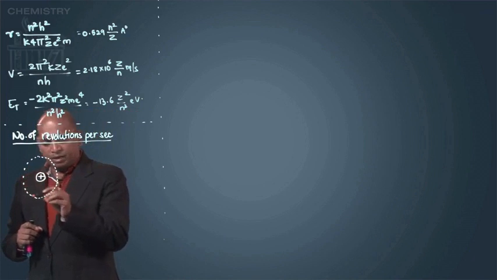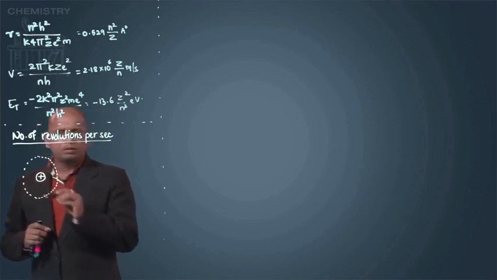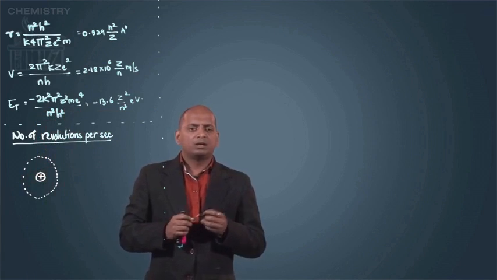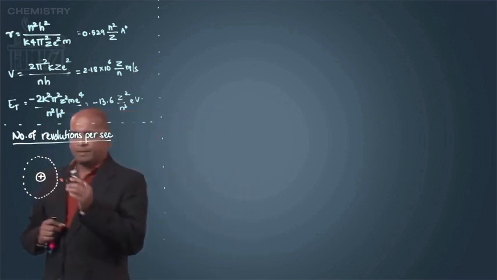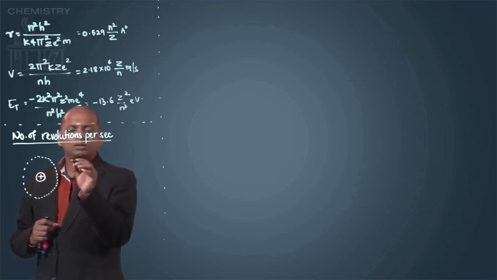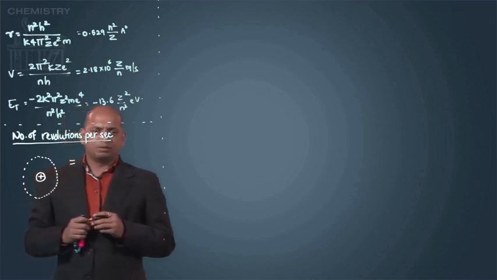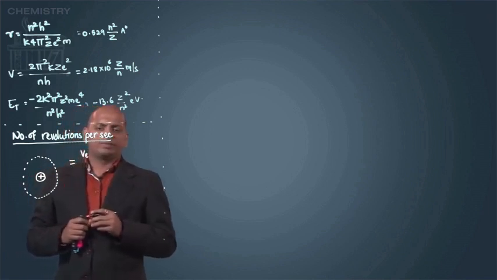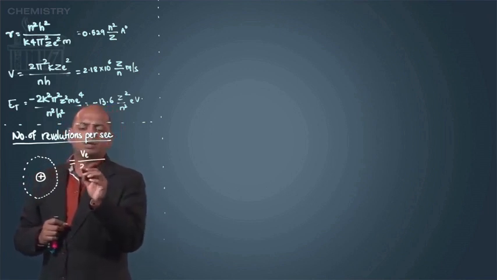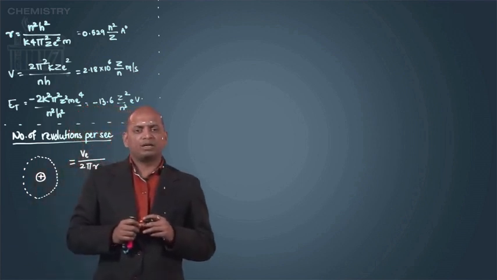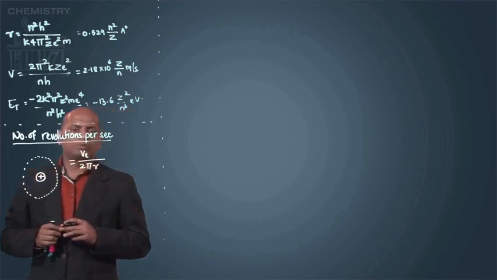The distance travelled by the electron is nothing but the perimeter, and the velocity. So, number of revolutions per second is equal to velocity of the electron divided by 2 pi r.